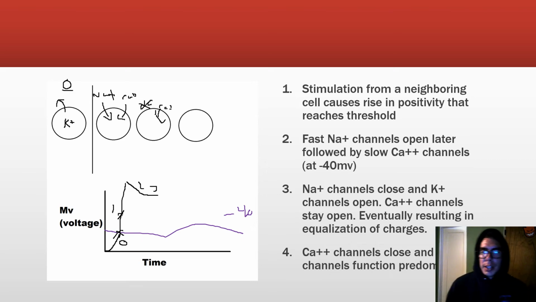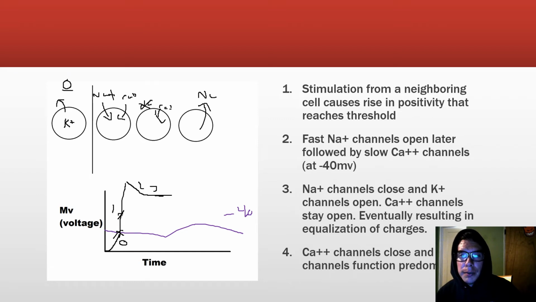So then at that plateau phase, there's still a slow influx of calcium, but there's also still potassium leaking out, so that causes it to equal out. So that's this plateau. Then once the ATPase pump pumps sodium out and potassium in, that's what will rapidly bring it back down to its resting potential.